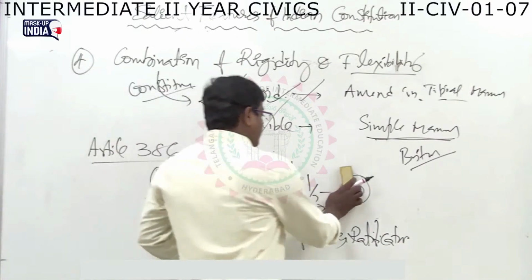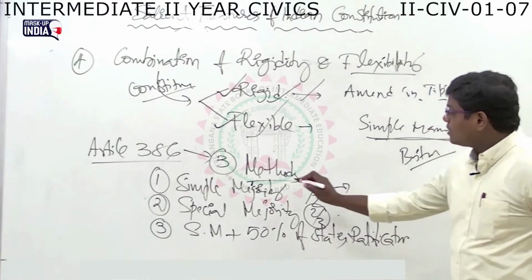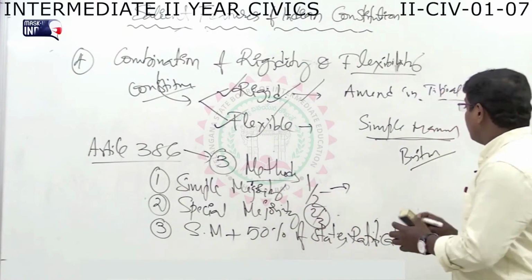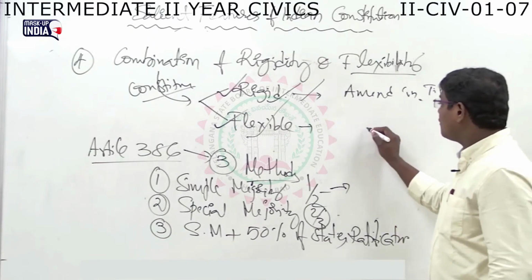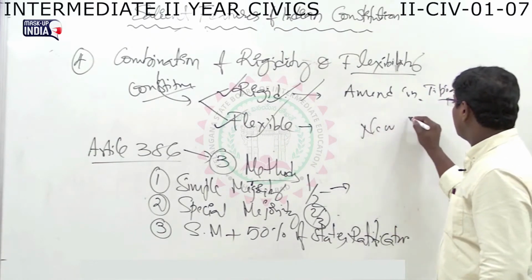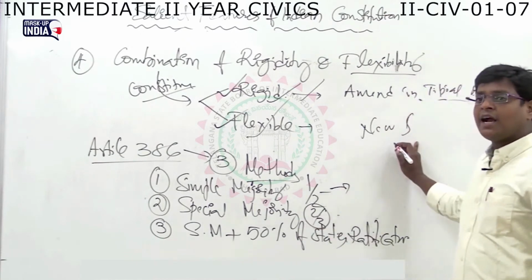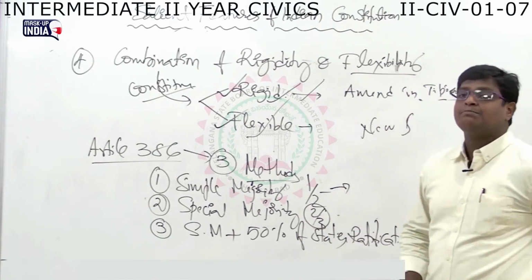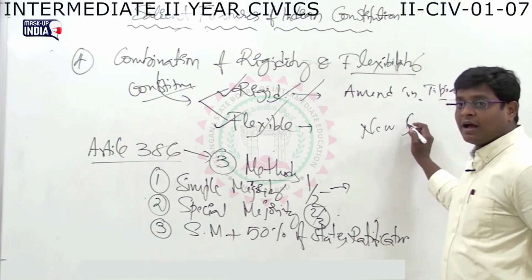Here, what are the important provisions to amend by simple majority? For example, creation of new states. For example, at the time of formation of Telangana, we amended Part 1 of the constitution under Article 3. Understood?